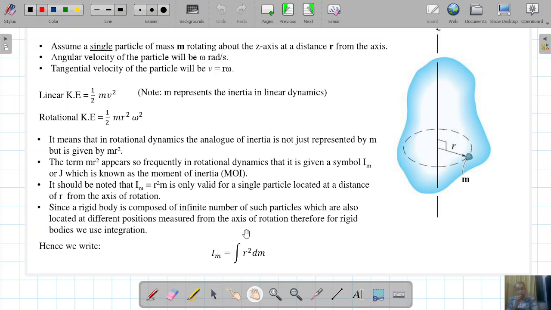This is the moment of inertia of the body, and if we integrate it, it becomes Im equals mr square.